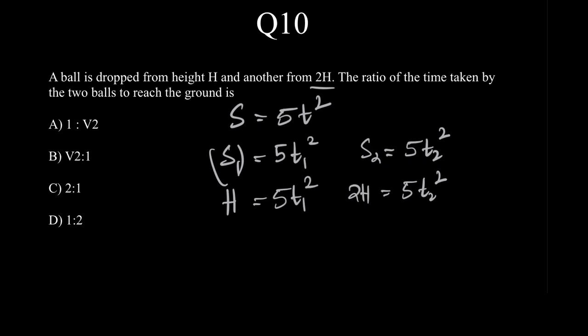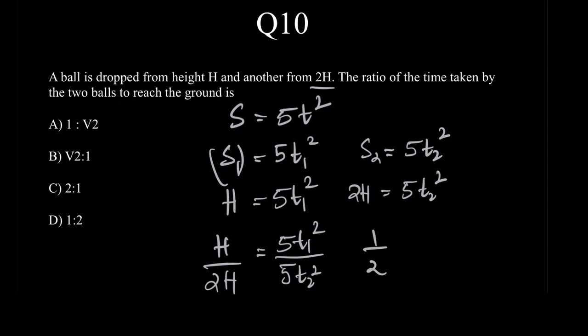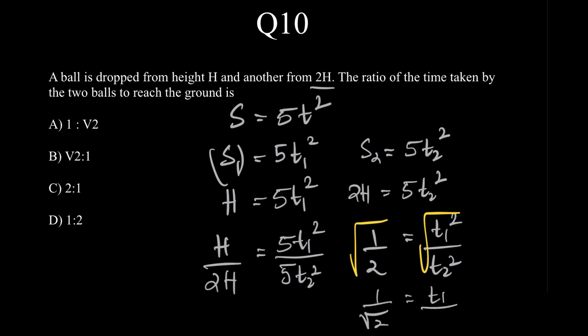Now, if you divide these two equations, what do you get? h by 2h is equal to 5t1 square by 5t2 square. So h by 2h, h by h is 1. So it is 1 by 2 is equal to t1 square by t2 square, which means if you take root on both sides, what do you get? 1 by root 2 is equal to t1 by t2.